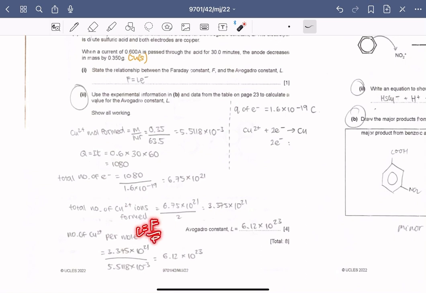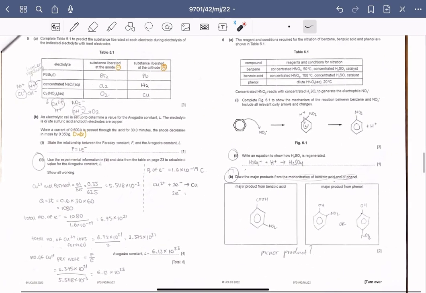So L equals F over e. We rearrange from the answer in here. So L is 3.7375 times 10 power 21 divided by 5.5118 times 10 power negative 3. We get 6.12 times 10 power 23, and therefore that's the Avogadro constant, 6.12 times 10 power 23. See, this is the charge of 1 electron, 1.6 times 10 power negative 19. 2 electrons are lost per Cu2+ ion.